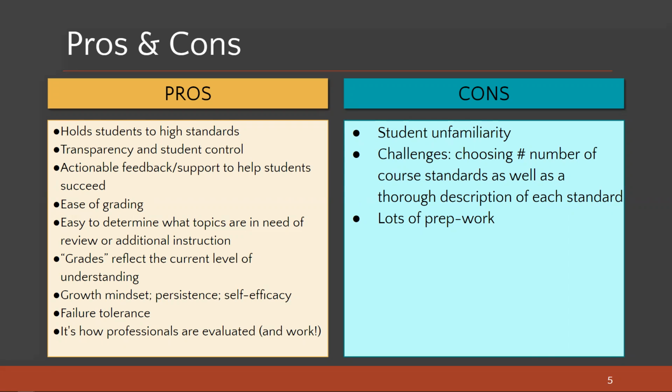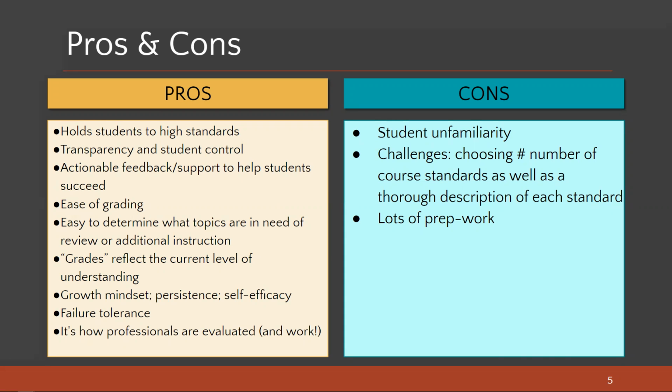The biggest cons for me is the prep work and figuring out the structure that I'm using. Pretty much every semester I've changed something to make it work better. And initially, students are pretty unfamiliar and they're worried about how the system will work and how their grades are determined. Using the outcomes in Canvas has made that a bit easier because they can check that there.